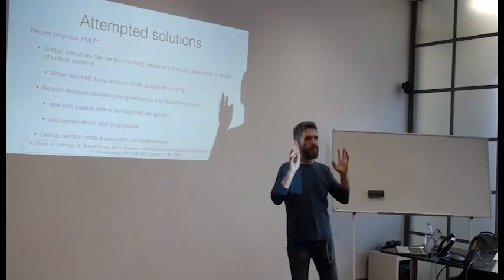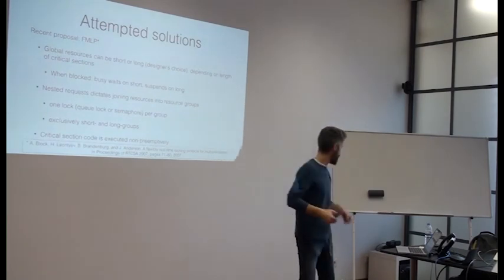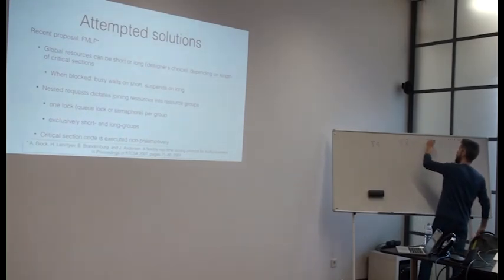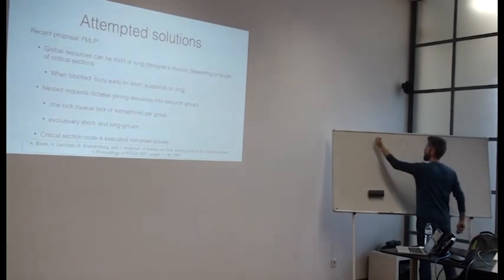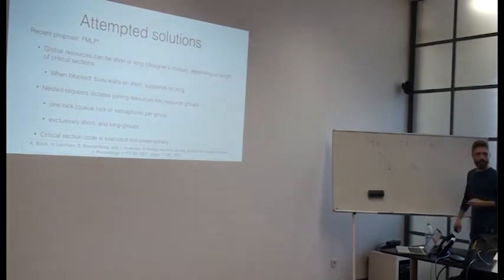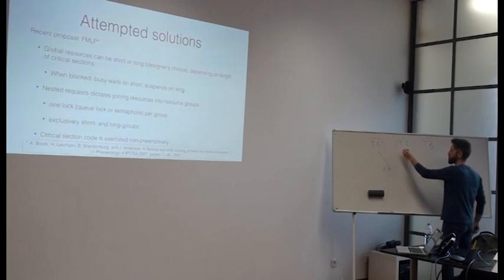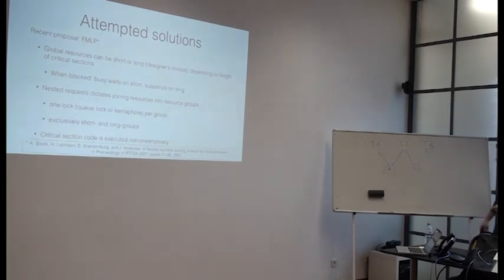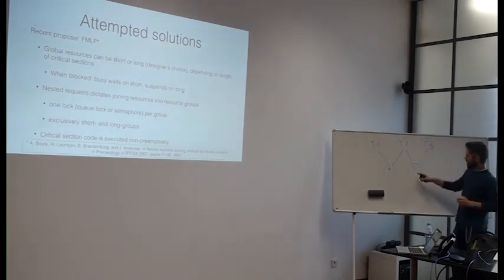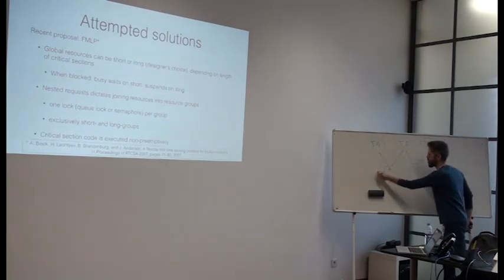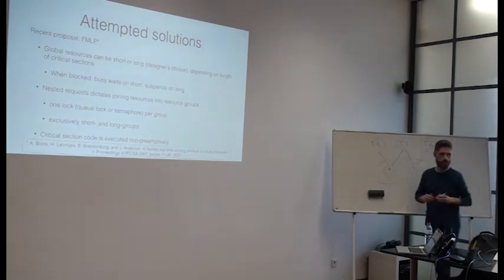But where does the group come from? If you have, for instance, let's say that task 1 requires resource A, and task 2 requires resource A and resource B, and task 3 requires resource B. Since task 2 requires A and B, this is grouped into one group.